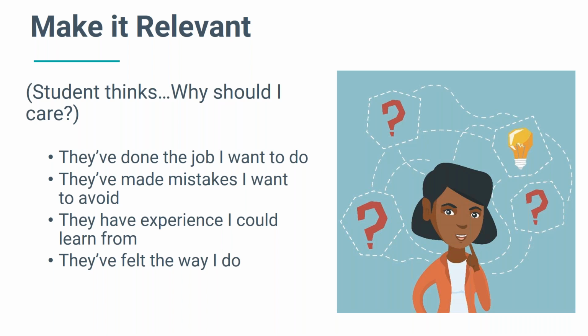They have experience I could learn from, or they've felt the way I do, especially when I'm nervous about my first day on the job, or I don't know how to do this, and I'm afraid to ask someone. So all those experiences are really ripe for stories, and you can share what you've learned about a resident who had cancer or diabetes, and what you did, what mistakes you made, and what you learned from it.